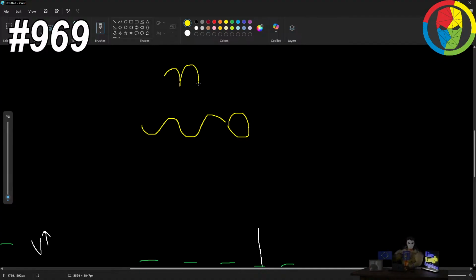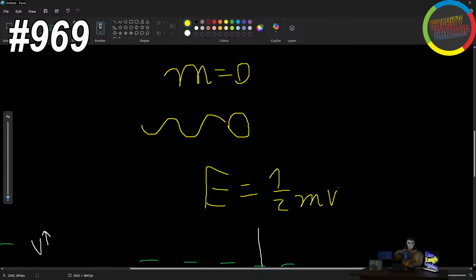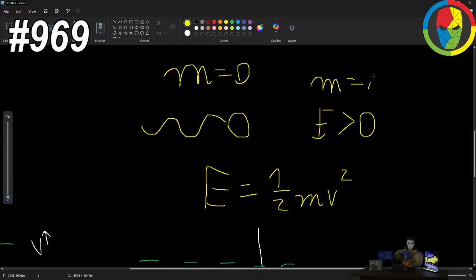its classical mass, let's call it, is equal to 0. It has no mass. However, this photon also has kinetic energy. And if you consider it from the perspective of classical mechanics, with the whole E is equal to 1/2 mv squared, if I remember correctly, then it doesn't really make sense for the E of a photon to be greater than 0 when m is equal to 0, does it?